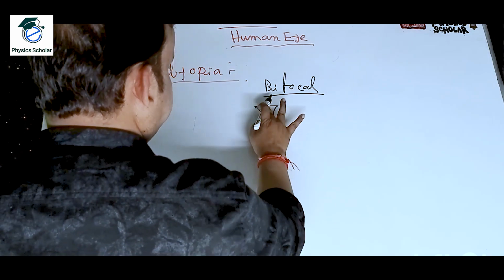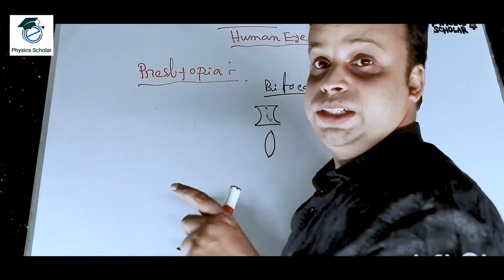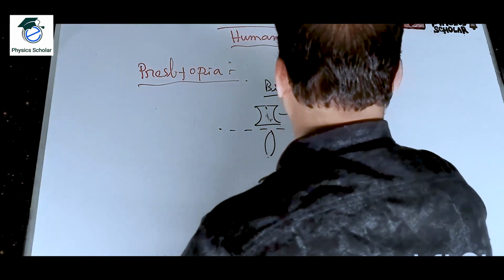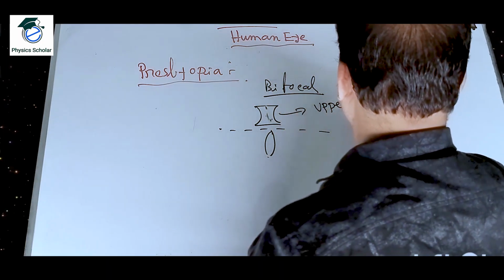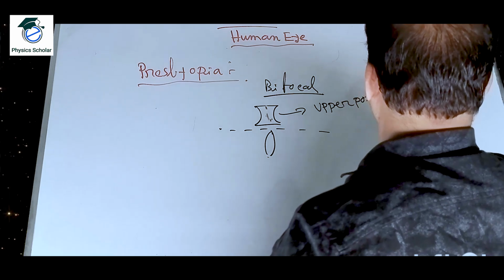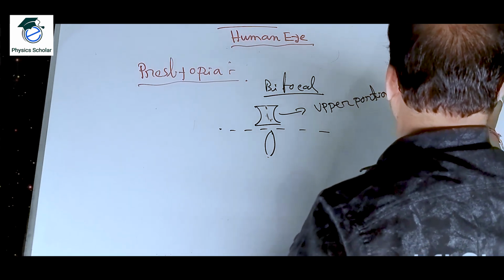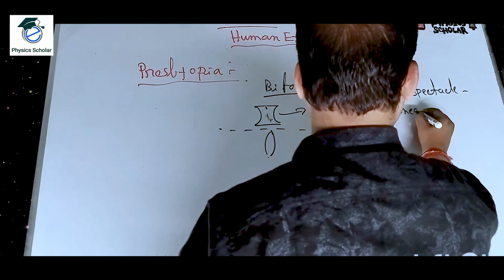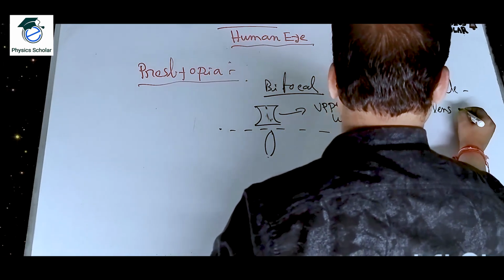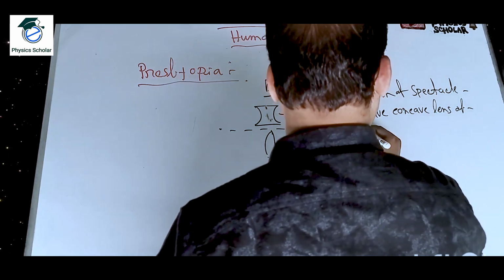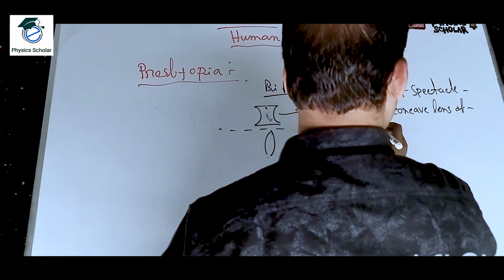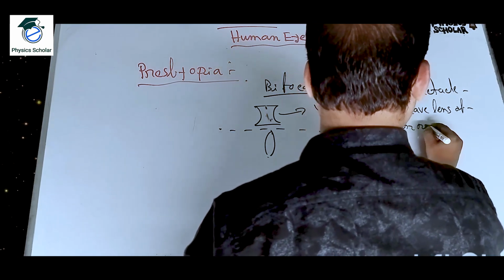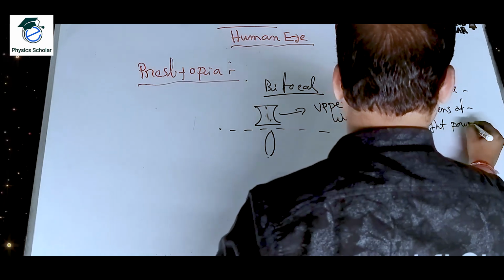The concave lens is to rectify the vision for the distant object. So the upper portion of the spectacle will have a concave lens of the right, accurate power which is required.